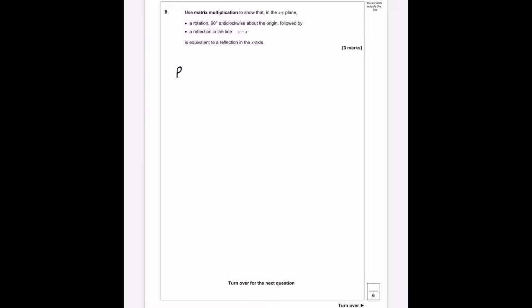Okay, question number 8, the matrix multiplication. We know that a 90 degrees anti-clockwise rotation represented as a matrix is 0, -1, 1, 0.